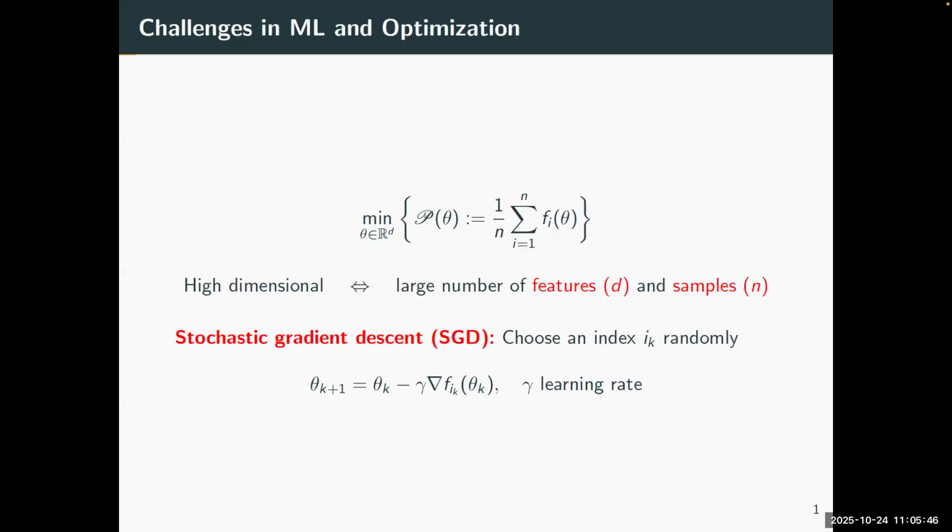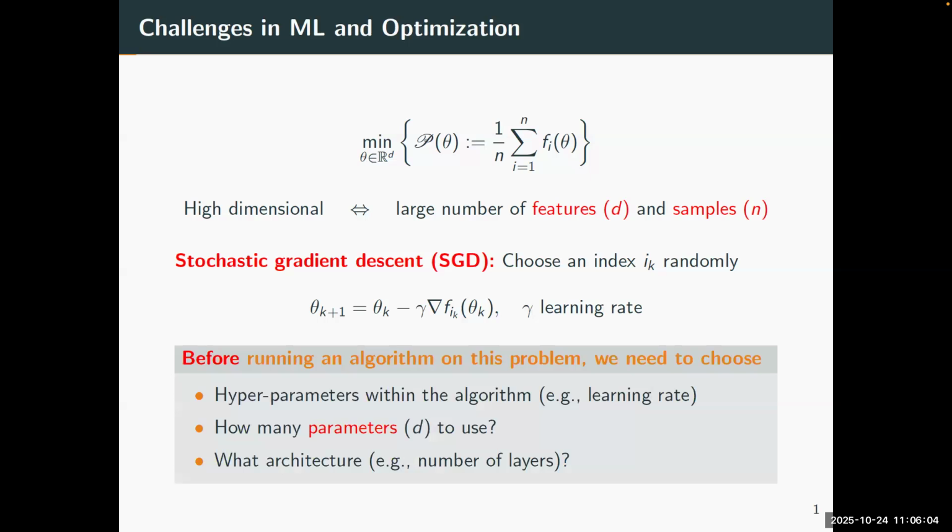So what are the challenges we see in machine learning and optimization? The main challenge is that our problems tend to be what I'm going to call high dimensional. We have not just a large number of samples, but also a large number of features. And then we tend to run stochastic algorithms to solve these types of problems. Because these are stochastic, before we actually start running any algorithm, we have to choose a bunch of things.